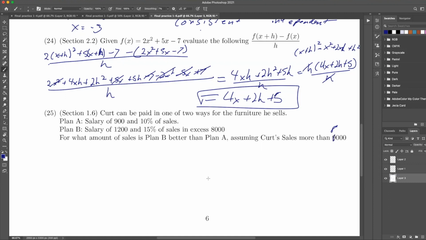So let's figure it out. Plan A is you get 900 plus 0.1, so 10% of his sales.